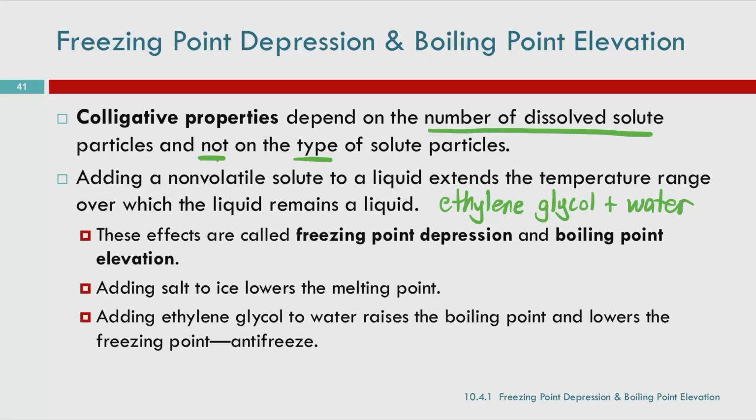Where it can be found? Coolant. Antifreeze is a mixture of ethylene glycol and water. It has properties of freezing point and boiling point that are better than ethylene glycol by itself and water by itself. The mixture is actually better.